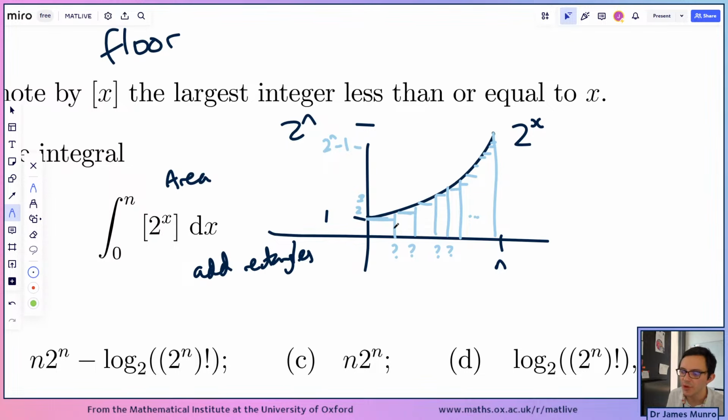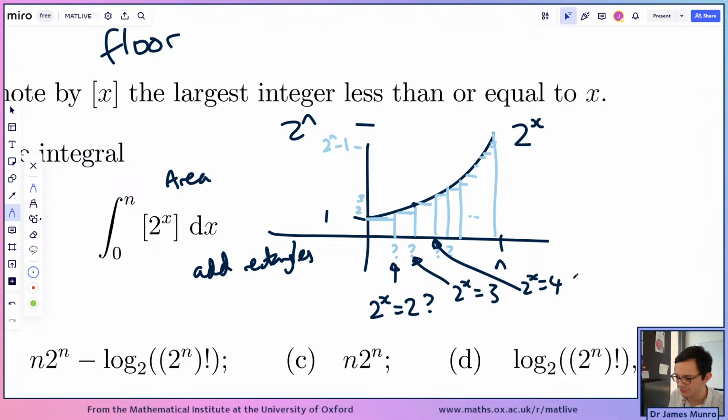If you can work out when these things happen, so this is when is 2 to the x equal to 2, for example. This is when is 2 to the x equal to 3. That's when this jump happens, when instead of rounding down to 2, it starts rounding down to 3. And this one is when is 2 to the x equal to 4. Now some of these questions you can do because you know about powers of 2, and some of them you'll need logarithms.